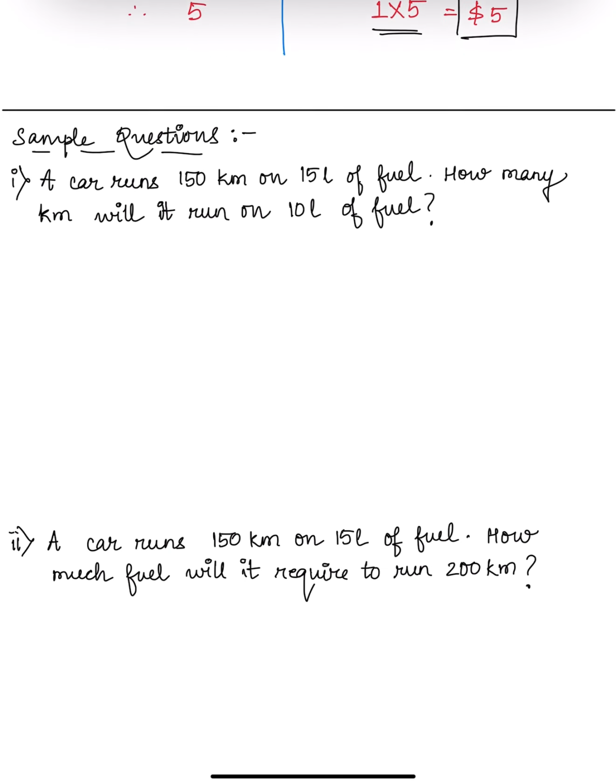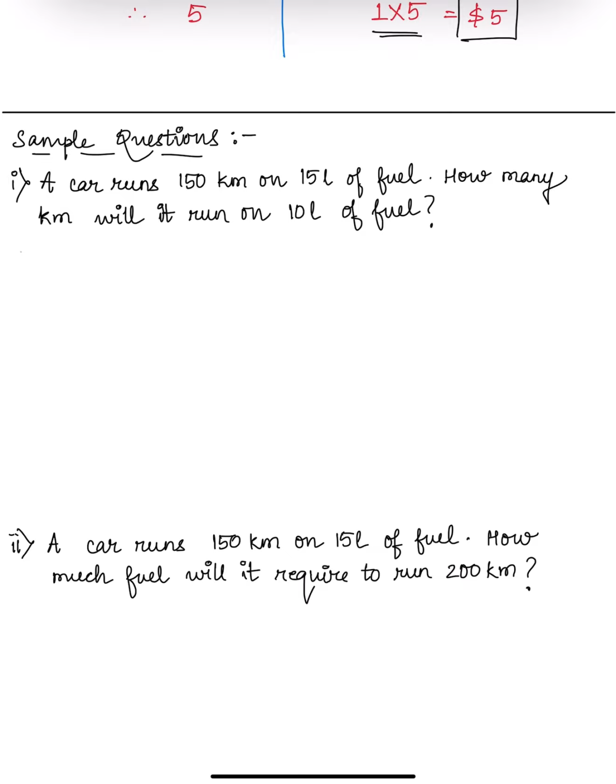The first question is that a car runs 150 kilometers on 15 liters of fuel. How many kilometers will it run on 10 liters of fuel? First is separating into known and unknown. This side is the known and this side is the unknown, right? We know it is 150 kilometers, 15 liters and 10 liters.